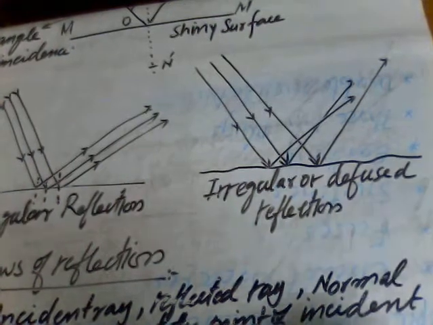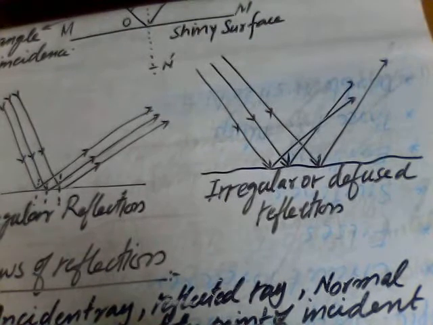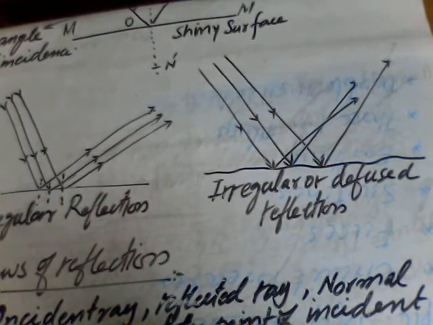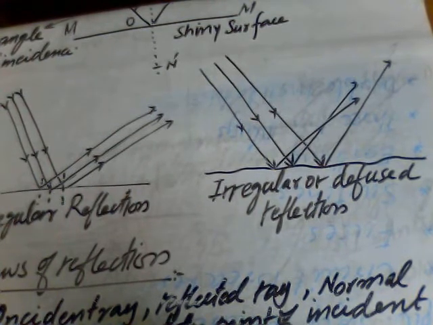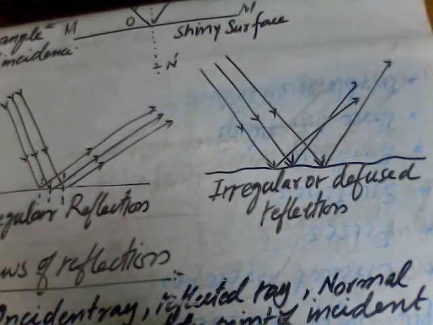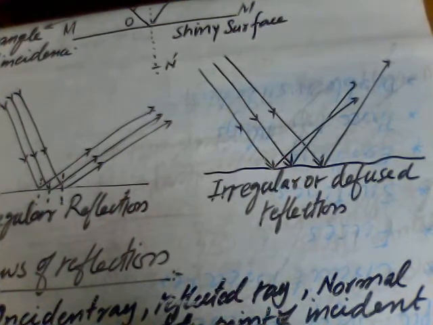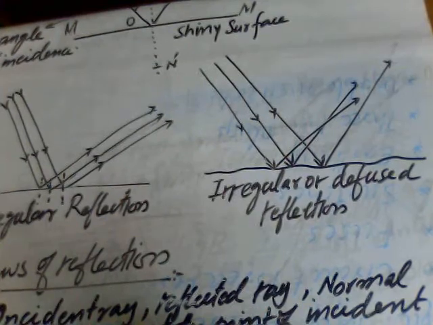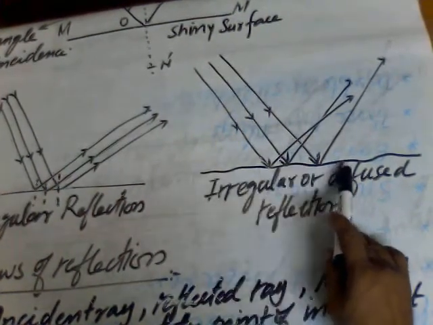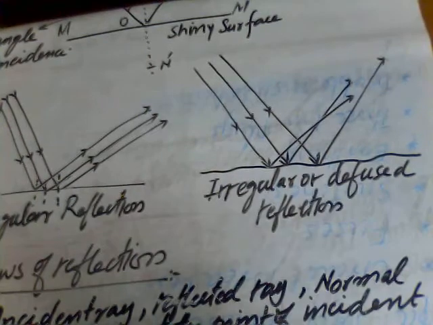Sometimes the surface appears smooth, but if we observe it with a microscope, you will come to know that even though the surface appears smooth, actually it is not smooth. There are some grooves, unevenness in this surface.